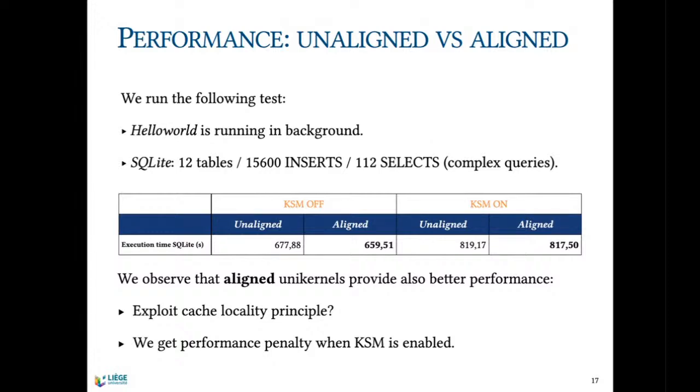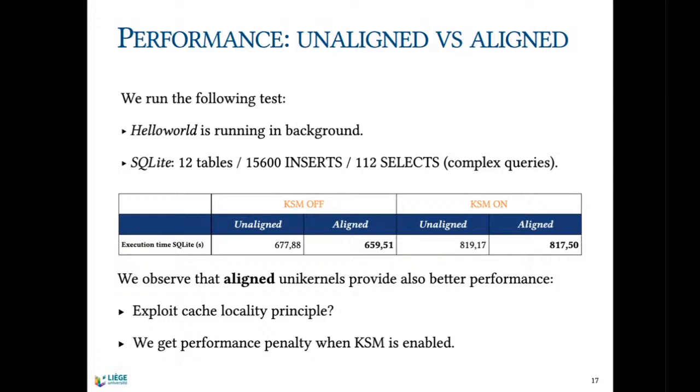We can make two different observations. The first one is that we have a considerable overhead when KSM is enabled. Since KSM is scanning and looking for pages to merge in real time, it will consume some CPU cycles, and this has a considerable impact on the performance of the task it is working on.